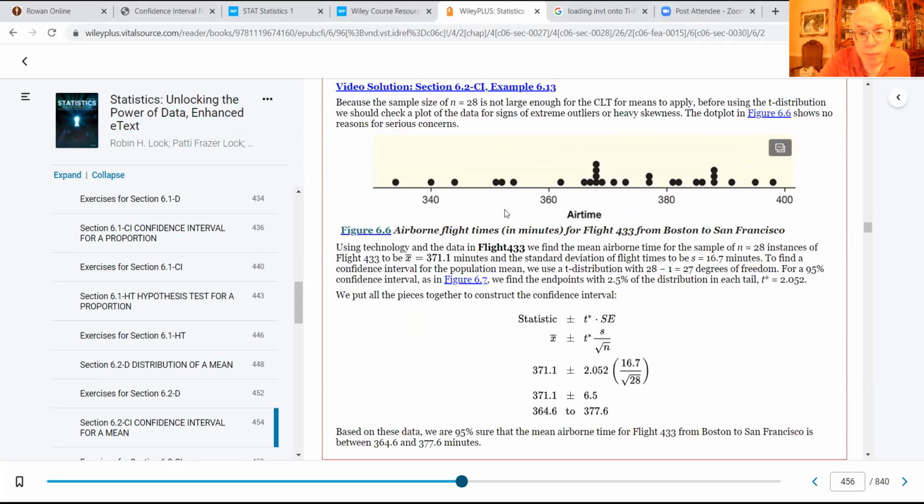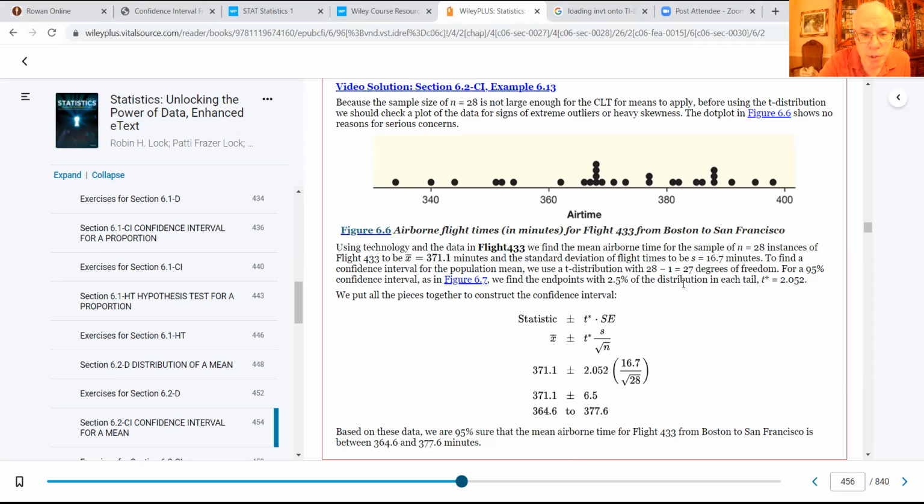Then the degrees of freedom is 28 minus 1, which is 27. The sample size is 28. So the degrees of freedom is 27. Remember, it's n minus 1. It's not n, the sample size. It's the sample size minus 1.